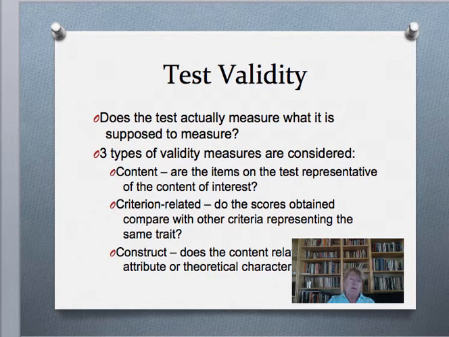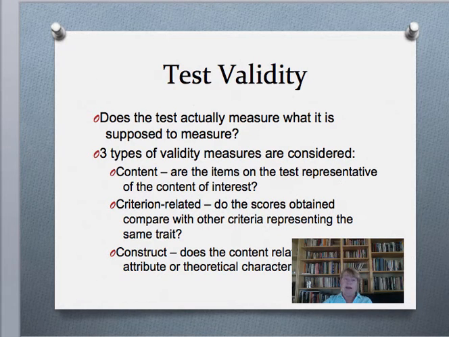I would expect that there would be some relationship between your scores on a reading test and your performance with reading in school. I also might expect that if I compared your scores on this reading test to scores on another test that also tests reading, there should be some relationship between those two sets of scores. So that would be criterion related. There's a criteria that I'm expecting my test to compare to, whether it's performance or another test.